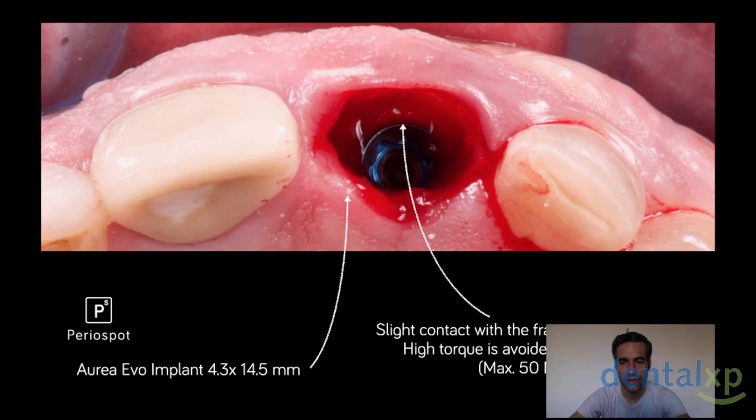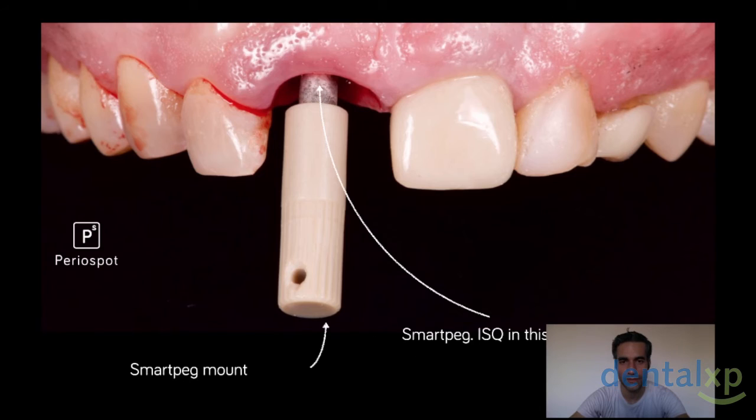They were for sure due to excessive torque, and because there was a contact between the implant and the root fragment.